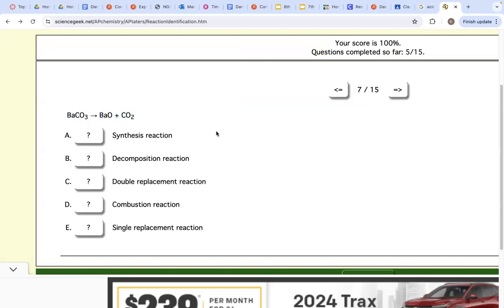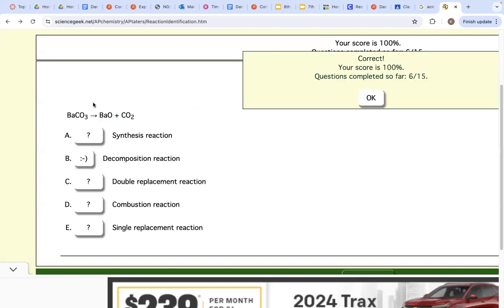For one like this, is it always gonna be two on the right side? Correct. Synthesis is like 1 + 1 equals one thing over here. So this is synthesis. Decomposition is going to be one thing and then it becomes two.